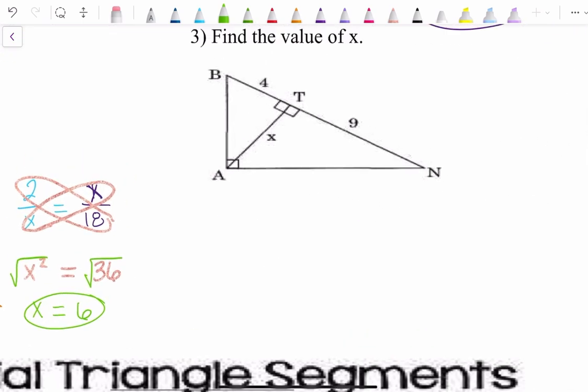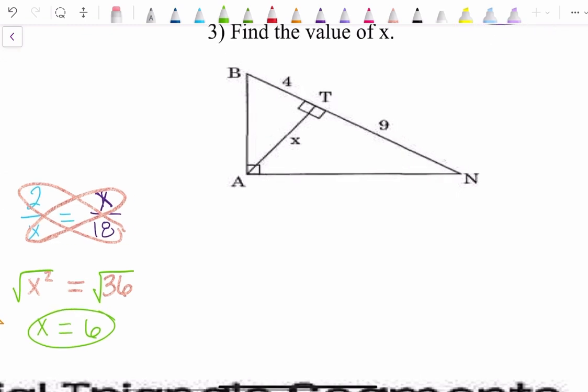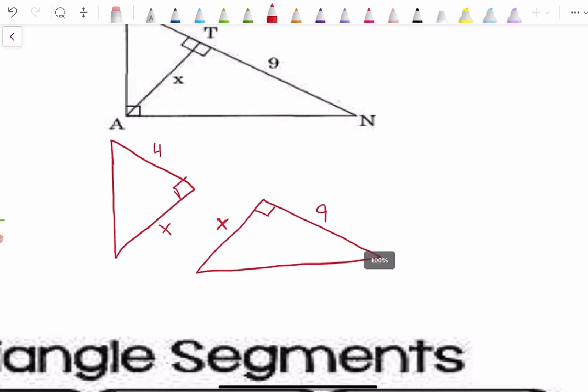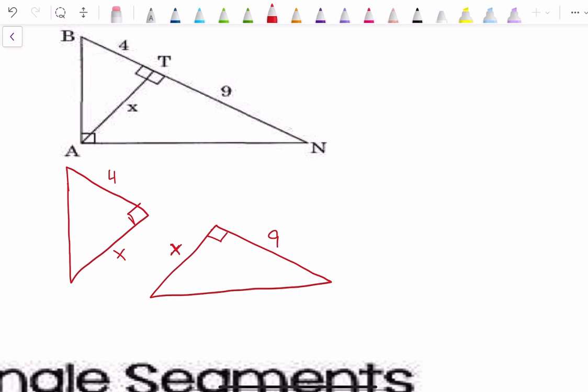Okay, one more time. This one is going to look a little wonky. It looks like we go like this. So this is a right angle, not a very good right angle, but this is x and 4. And then we have a second triangle like that, and this is 9, and this is x. So again, I can just set up my proportion.